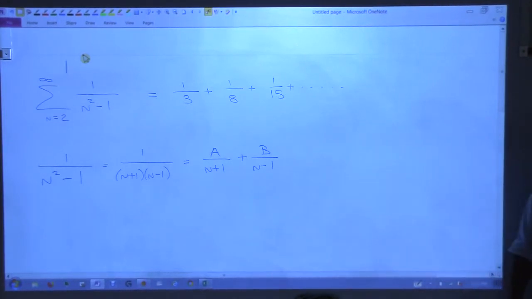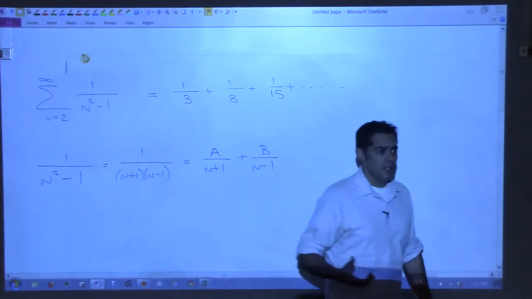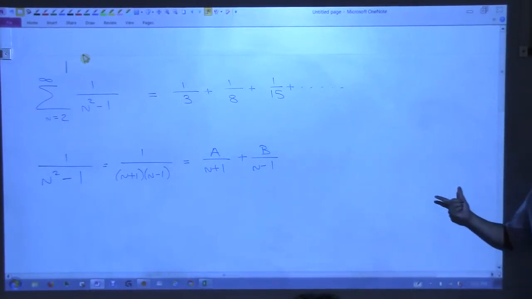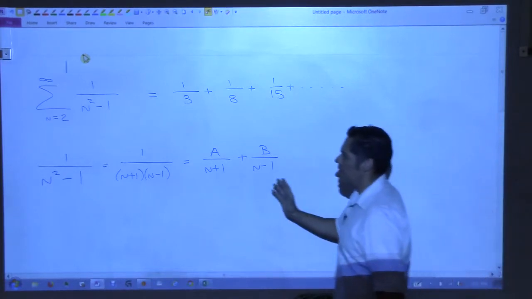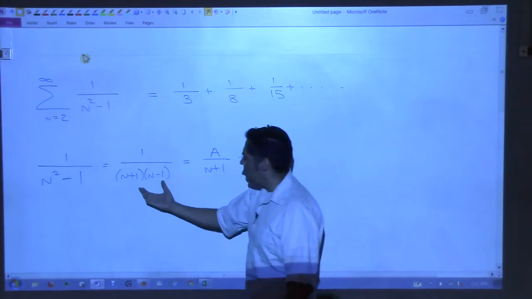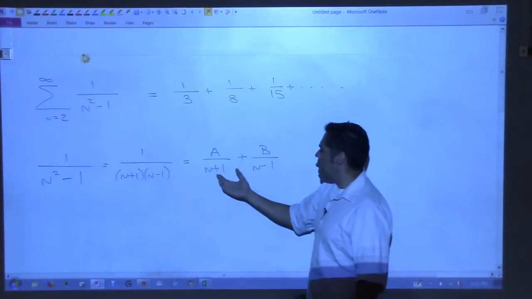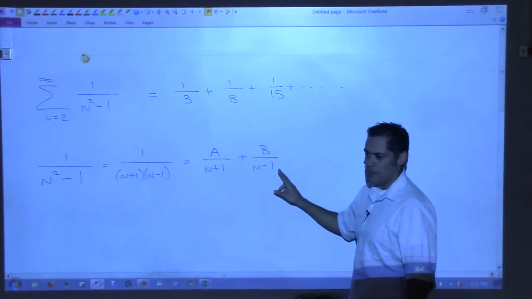Partial fractions. Right? Now we did partial fractions when we did integration, didn't we? But I'm actually going to do partial fractions on this, and let's just see what happens, okay? What we're saying is there a way to rewrite this so that it looks like something else? Well, yeah, we can factor the denominator. Since these are distinct linear factors, I can rewrite it so it's going to be the sum between two pieces.